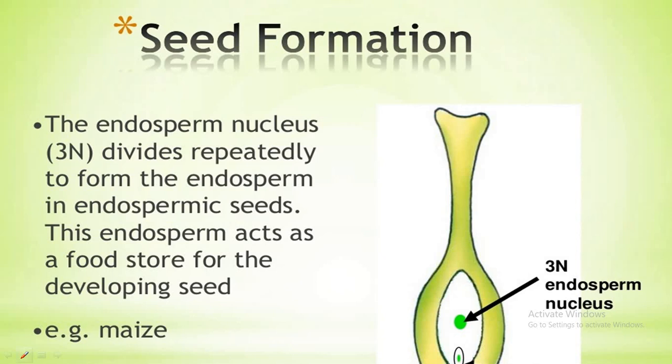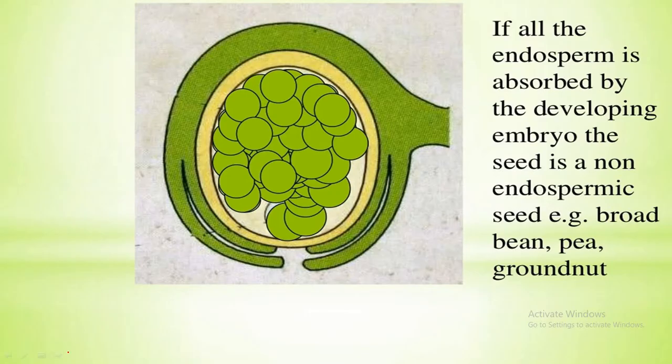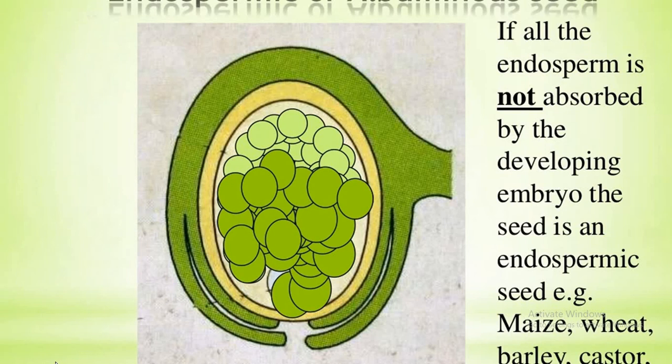Now there are different types of seeds which we have already completed, but let us do it once again. Depending upon the presence or absence of endosperm, seeds having a copious amount of endosperm tissue are called albuminous seeds, such as wheat, maize, castor, coconut, sunflower, etc. And seeds in which the endosperm is used up are called non-albuminous seeds, or non-endospermic seeds, like beans, pea and groundnut.